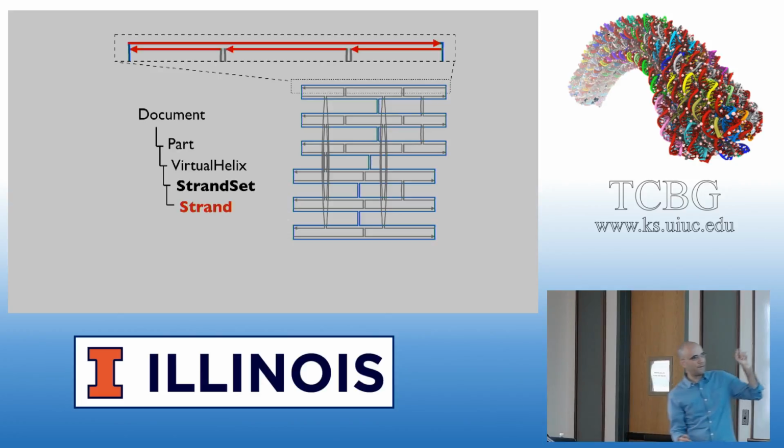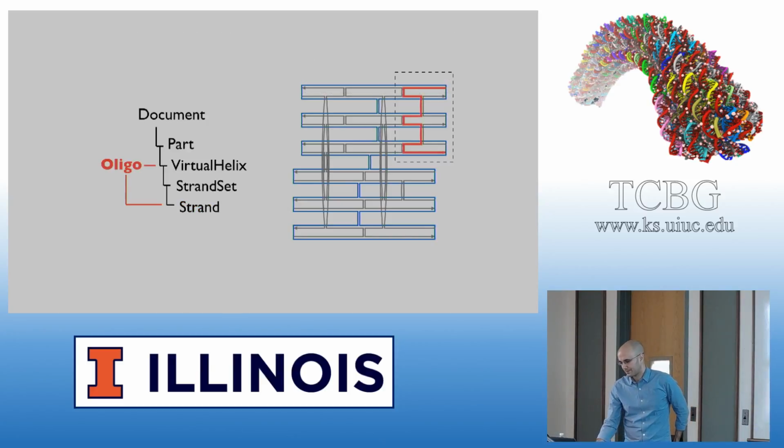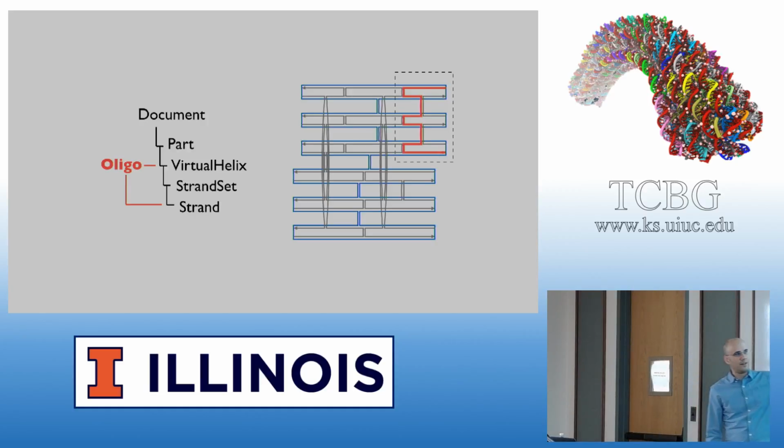And then we have convenience functions for what's the 5' or 3' end of the DNA, or what is the high or low index. So you can reference all of these. And then we have another parallel data structure going on, which is an oligo. So this is keeping track of the connectivity of strands through the structure. And this is useful for getting sequence data, for example, or managing the coloring.